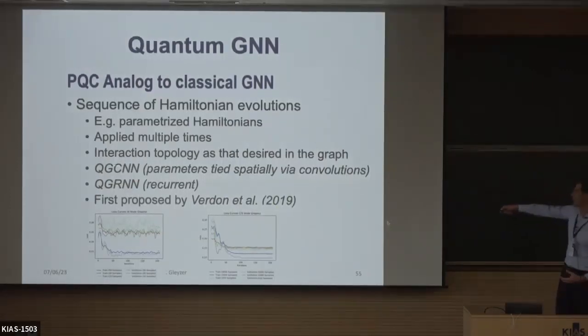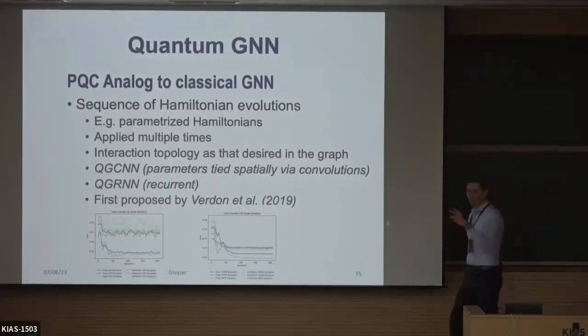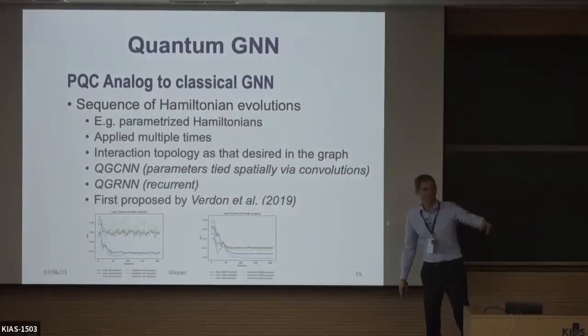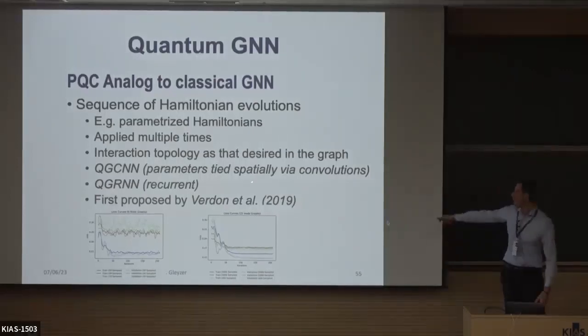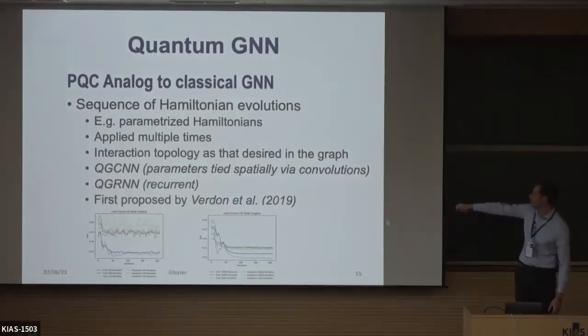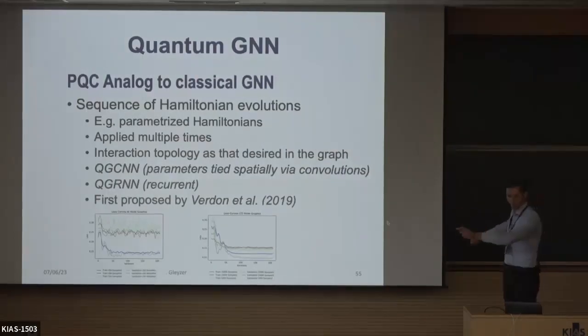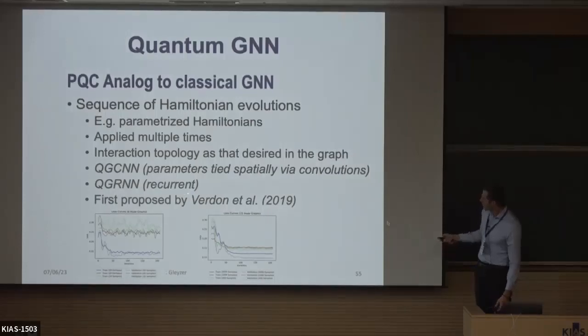You can have a convolutional type of network analogous to the classical graph convolutional neural network, where the parameters are now connected spatially with these convolutions, as we saw in parameterized circuits and CNNs. Similar idea. You can have a recurrent version, which of course now works over multiple qubits.